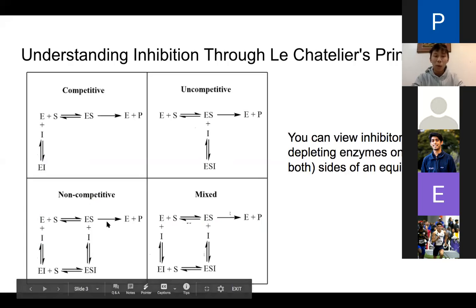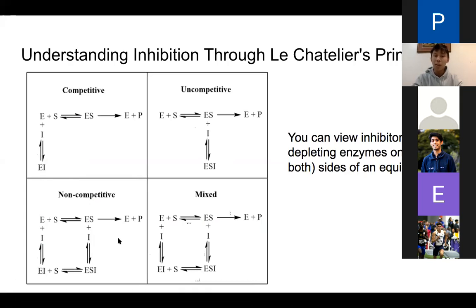And then non-competitive inhibition is this unique scenario where the inhibitor can bind both the enzyme alone and the enzyme with the substrate. Because it can bind both, and it sequesters the enzyme in both forms, you don't drive the reaction one way or the other, because the preference for the enzyme or the enzyme-substrate complex is equal.